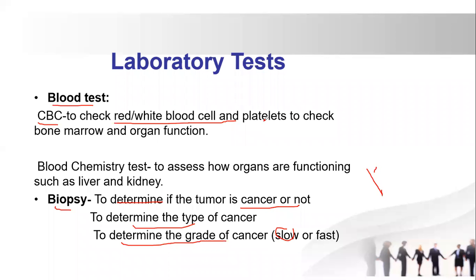So these were the different tests that can be performed to diagnose lung cancer. So, something we discuss, we can also perform the chest X-ray, even sputum cytology and bronchoscopy.